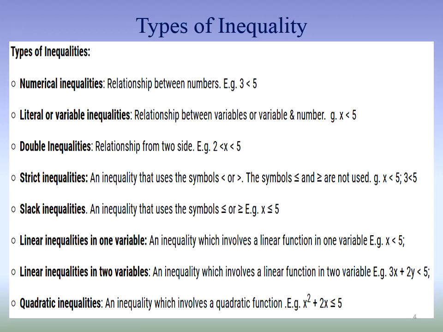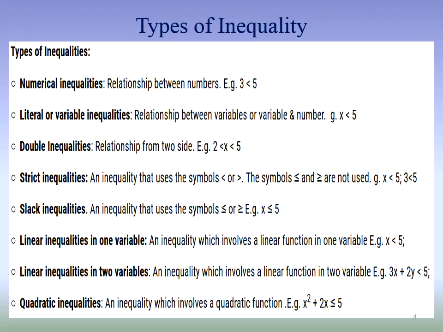Linear inequalities in one variable: an inequality which involves a linear function in one variable, for example x is less than 5. Linear inequalities in two variables: an inequality which involves a linear function in two variables, like 3x plus 2y less than 5. Quadratic inequalities: an inequality which involves a quadratic form, like x squared plus 2x less than or equal to 5, is known as a quadratic inequality.